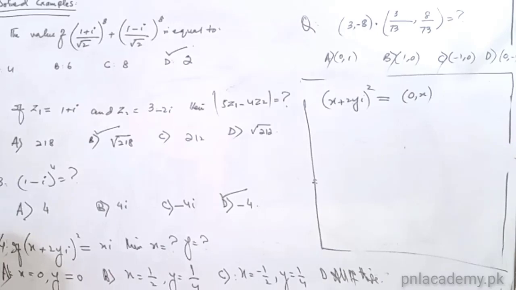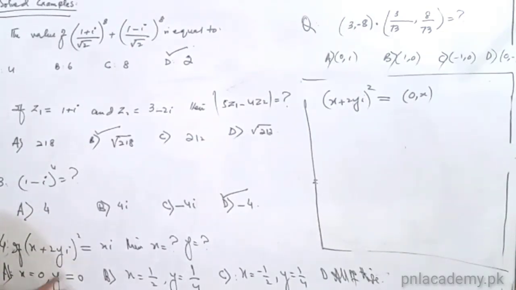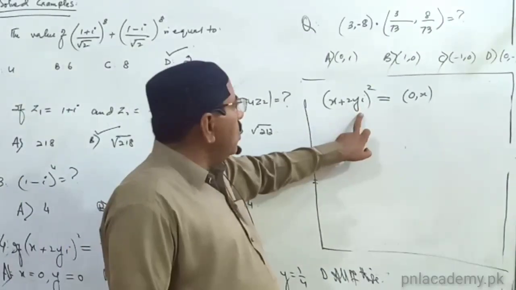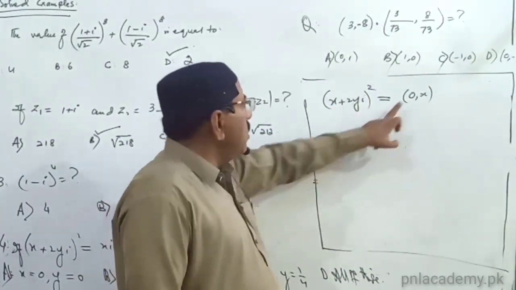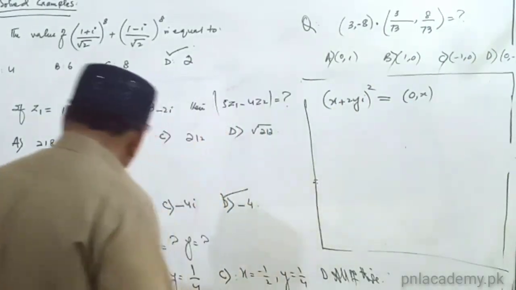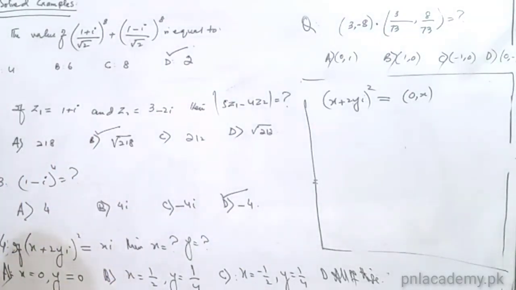So here x is equal to 0, y is equal to 0. If you substitute the value x is equal to 0, y is equal to 0, then 0 plus 0, 0 whole square 0, 0 comma 0, 0.